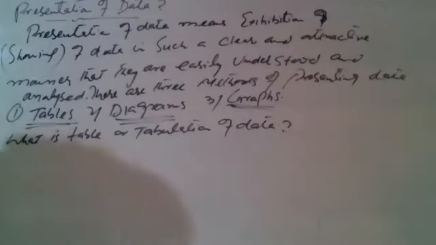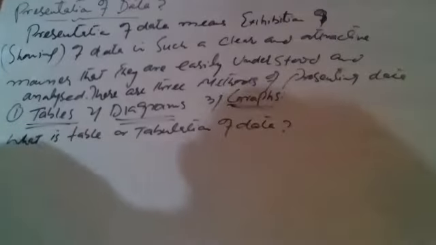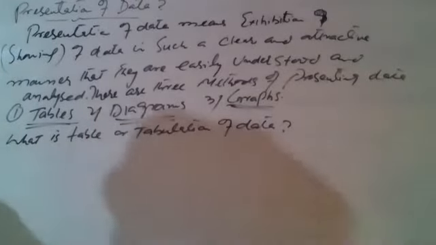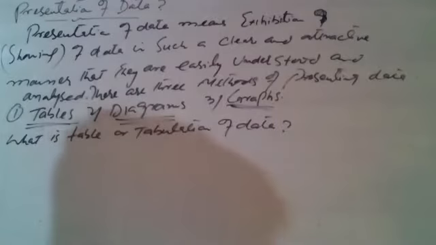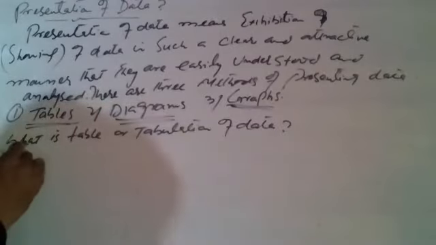When we arrange the data in columns and rows, in horizontal rows and vertical columns, that is called a table, or a tabulation of data.